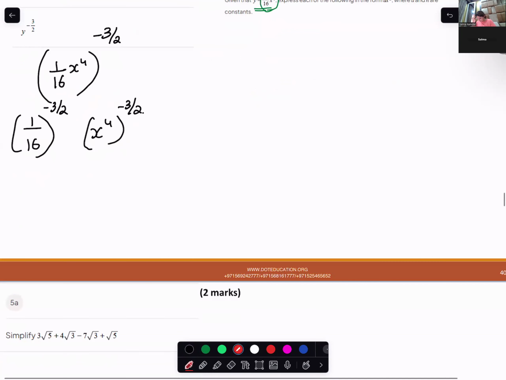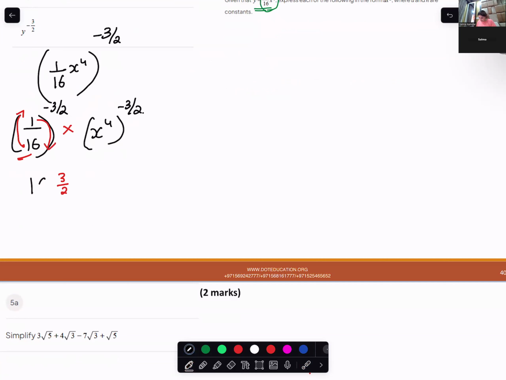Now let's go ahead. Negative means reciprocal. So the power will become positive. The power will become 3 by 2. And I reciprocate this. That means this will go up and this will come down.